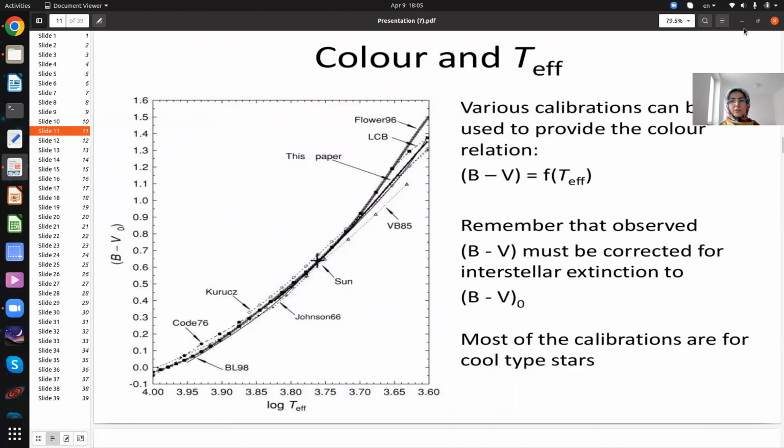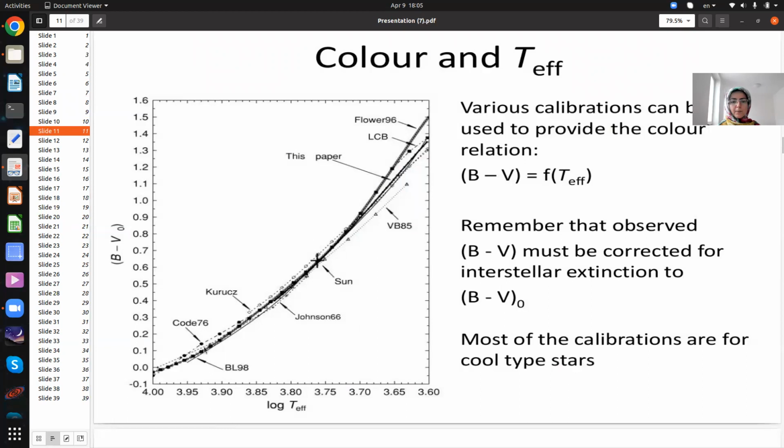Various calibrations can be used to provide the color relation. Remember that observed B minus V must be corrected for interstellar extinction to B minus V0. Most of the calibrations are for cool type stars.